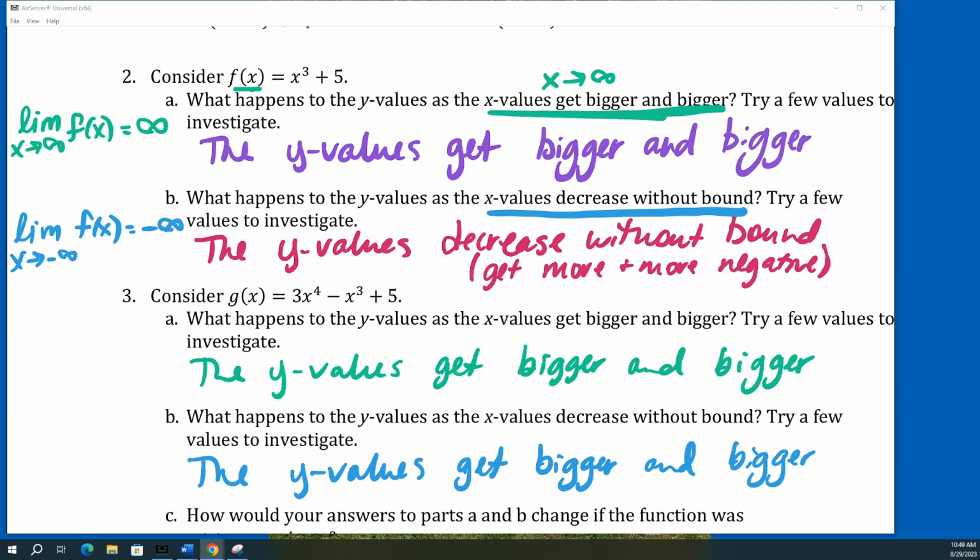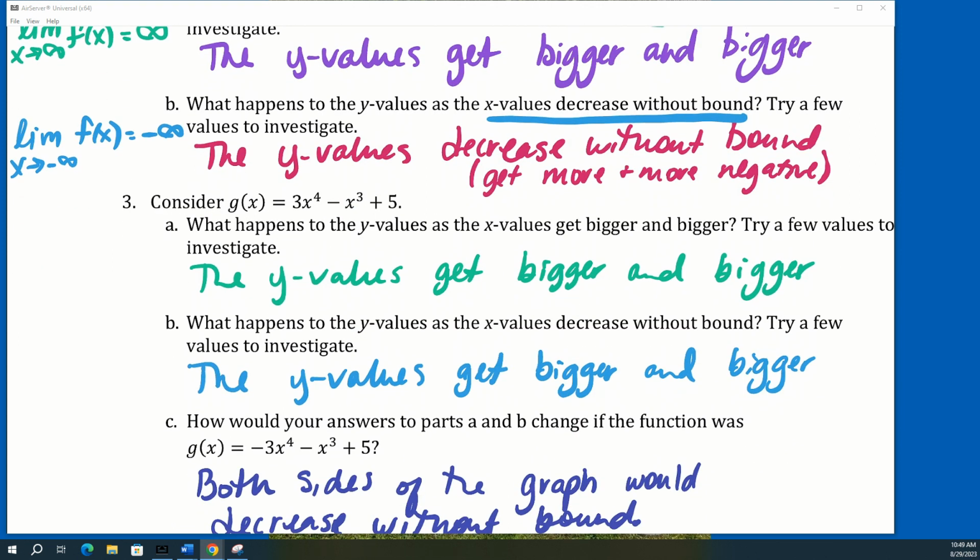All right, so let's look at 3a. So this one, the x values are getting bigger, so we're going to say the limit as x approaches infinity. This one is called g of x. And then on that graph, the y values got bigger and bigger, so that's going to be infinity.